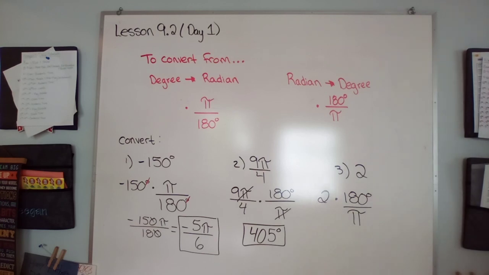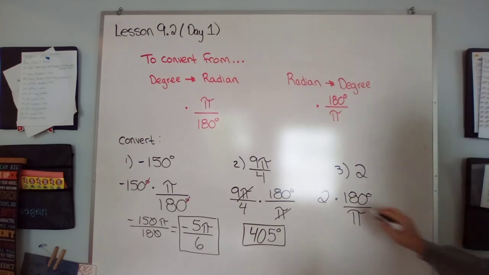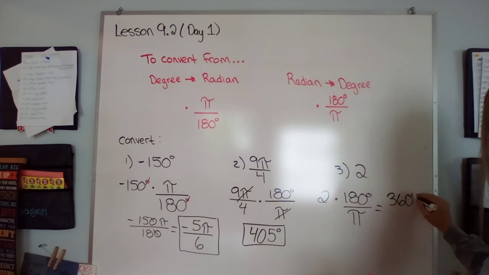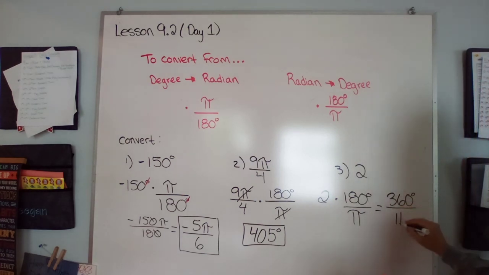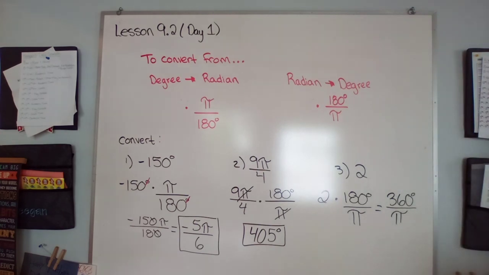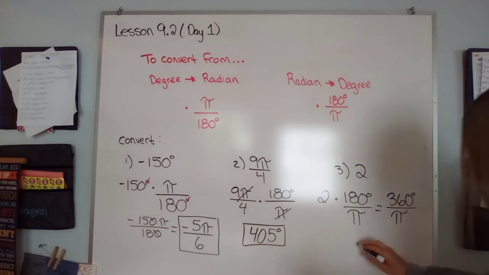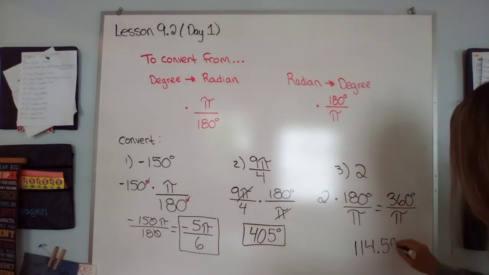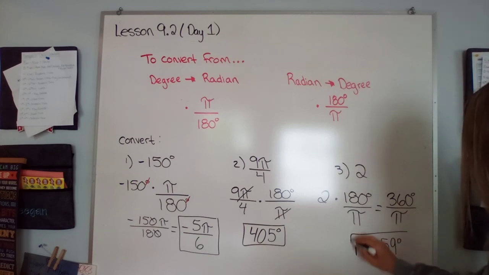When you multiply, you're going to get 360 over pi. And since we want to be in degrees, we're not going to have that pi symbol in there. So you're actually going to take your calculator and divide 360 by pi, using the pi symbol on your calculator. And you're going to get 114.59 degrees.